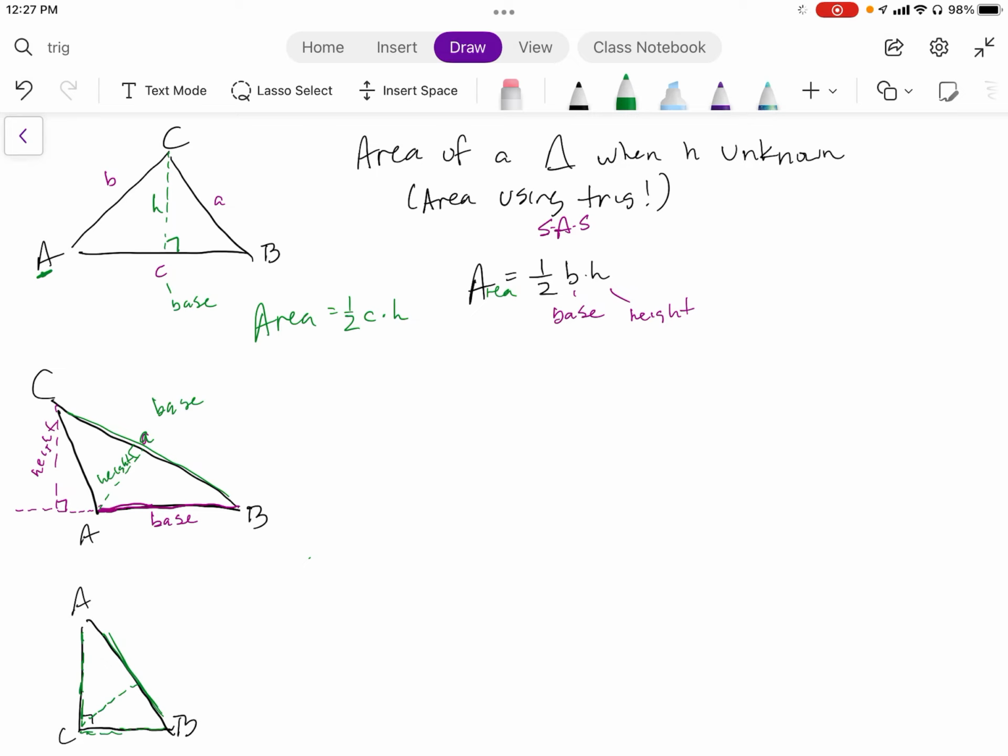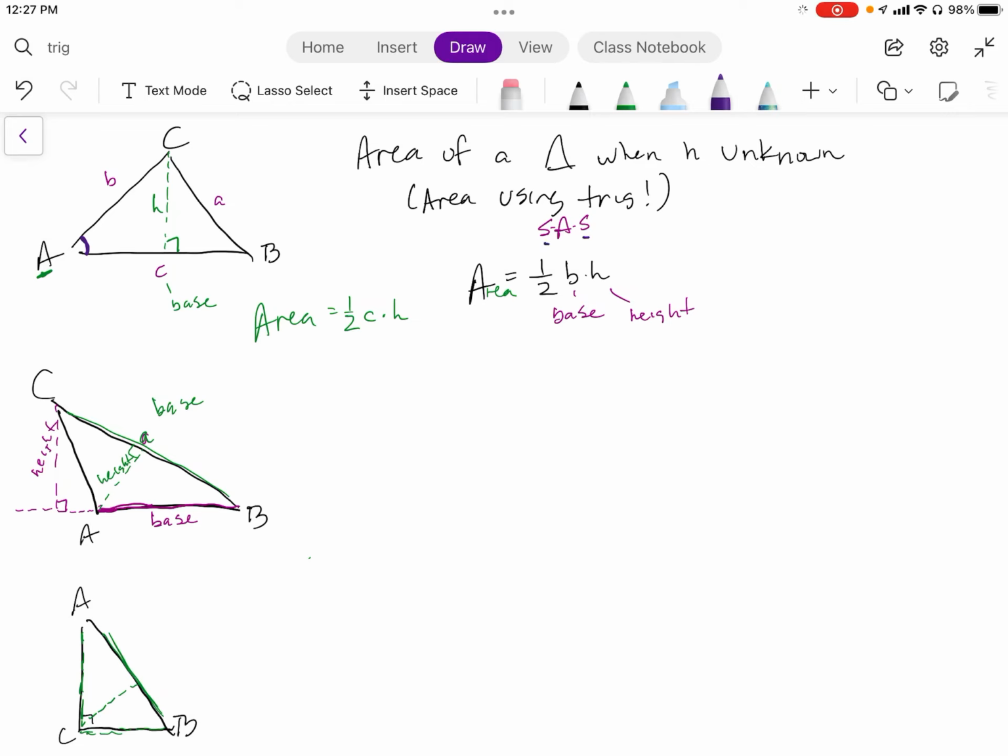But say you don't know the height, but say you know angle A, for instance. Again, it all depends what you know, but I'm claiming two sides and the included angle.